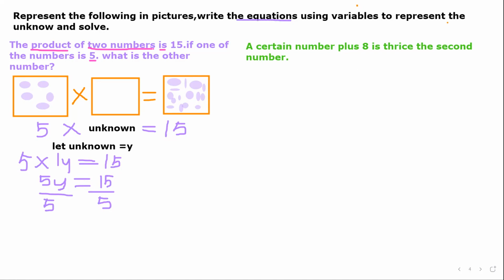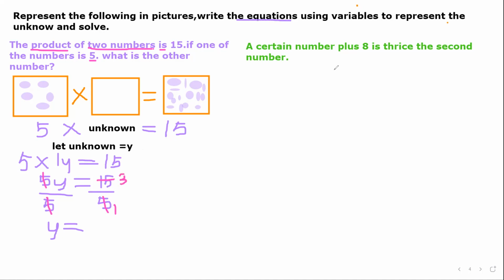Now, this 5 will take care of this 5. Now, y is free. y is equal to, now 15 and 5, you can cancel, right? 5 goes here, 1. 5 goes here, 3.